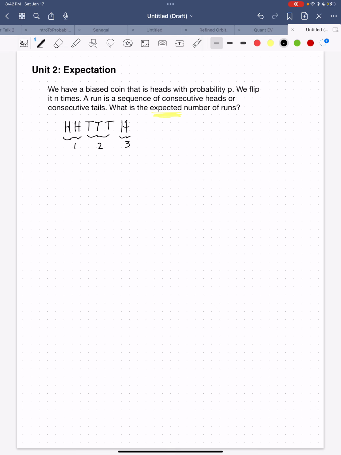But first, we need to pick a random variable. And so what are we actually trying to find? We're trying to find the number of runs. So we want a random variable that will count the runs. In other words, we can make an indicator random variable Xi, which is 1 if a new run starts at flip i and 0 otherwise.